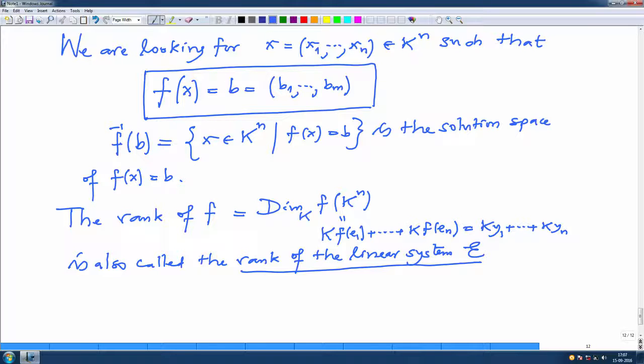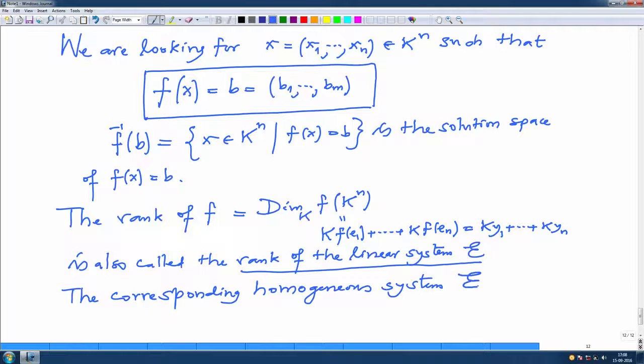And what is the corresponding homogeneous system? Remember that we have denoted it by E0. That means in the equations in E, we are putting b equal to 0.